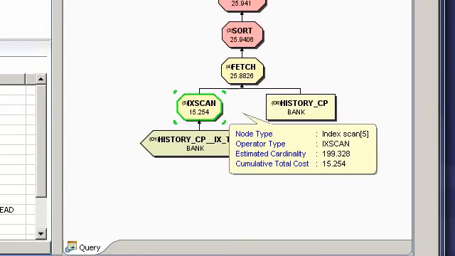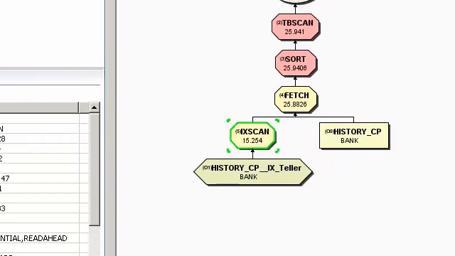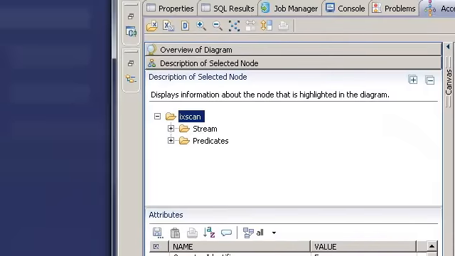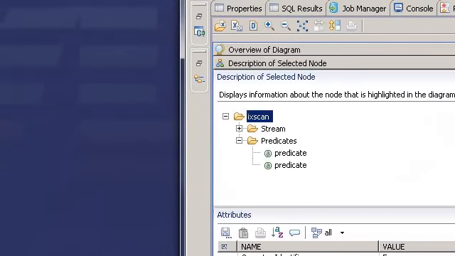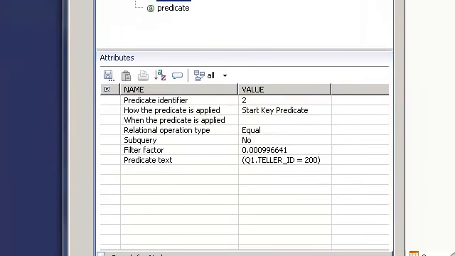The index scan here has an estimated cost of 15, and when we look at its characteristics, it has two predicates. It has a start key predicate of teller equals 200. Because we're looking for just a single teller value, that it's also the stop key predicate. So it's a very narrow range of the index.